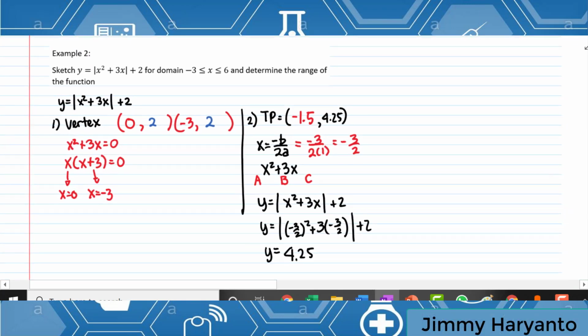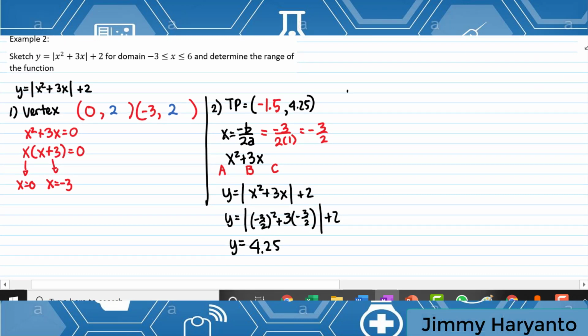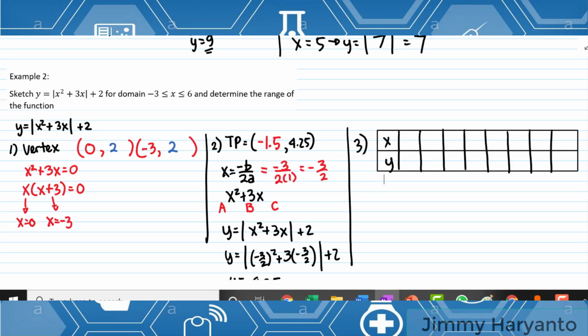And next I have to create the table ya. The third step will be creating a table for function. So we have to choose the number of x ya, around the negative 3, around negative 1.5, and around 0. Okay, so I can say we have to create negative 5, negative 4, negative 3 udah, terus negative 2, and then negative 1, 0 udah, 1, 2, 3, 4 ya. Nanti kalau ada angka yang terlalu besar dihilangin aja.